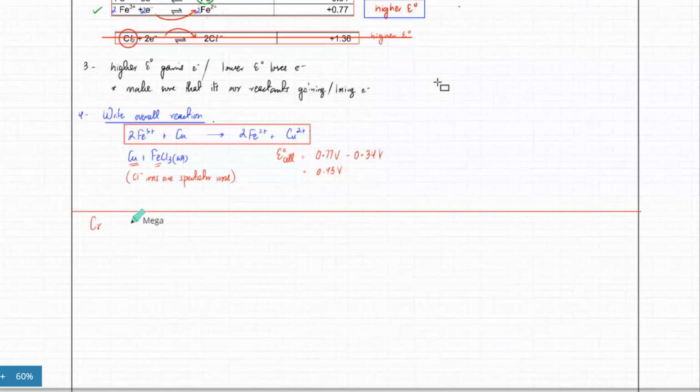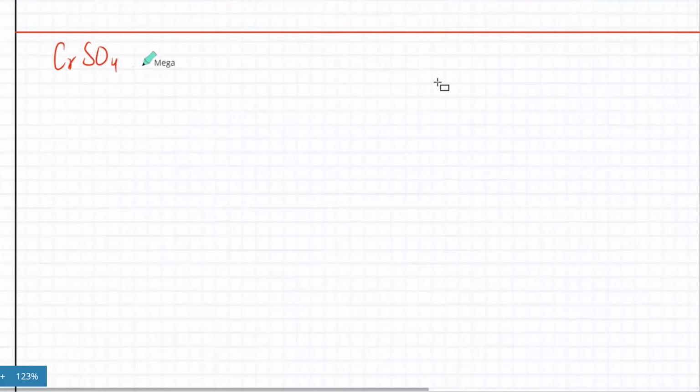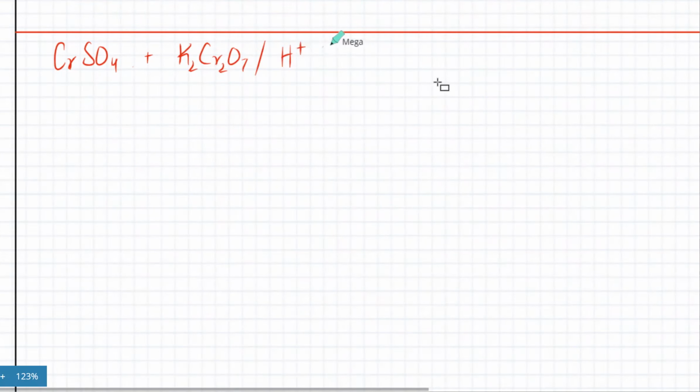CrSO4, chromium sulfate, and it's reacting with acidified K2Cr2O7, and it's acidified. So I want to figure out what's going to happen. What's the reaction that's going to happen?